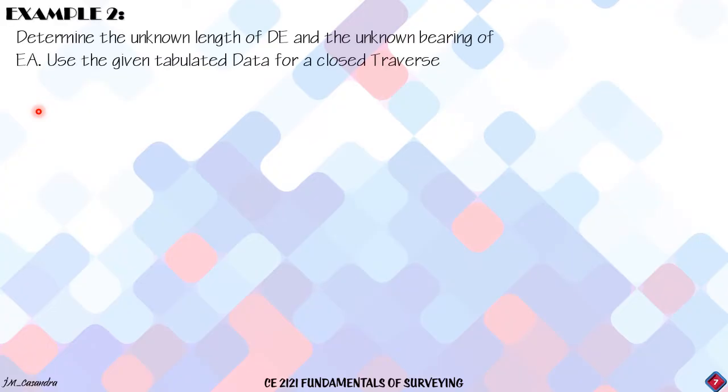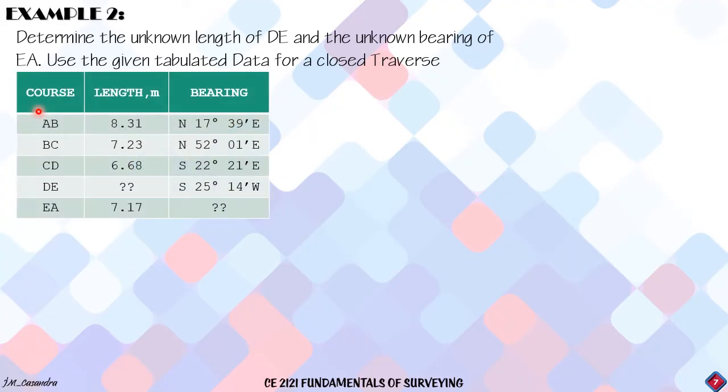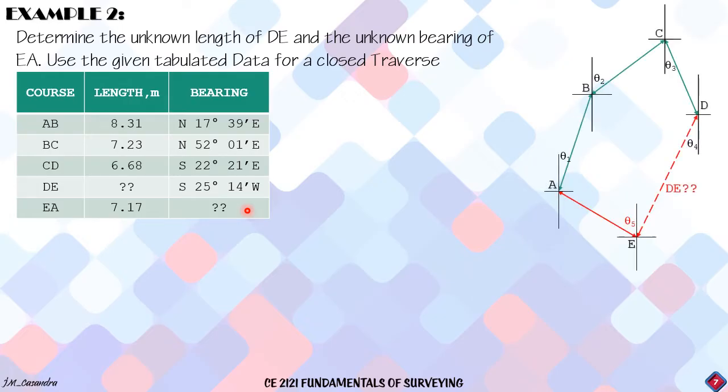Okay. So to have a better understanding of missing data on two adjoining sides, let's solve an example. From the given tabulated data for a closed traverse, let us determine the unknown distance or length of DE and the unknown bearing of line EA. To start off, let us draw a simple sketch of the traverse.